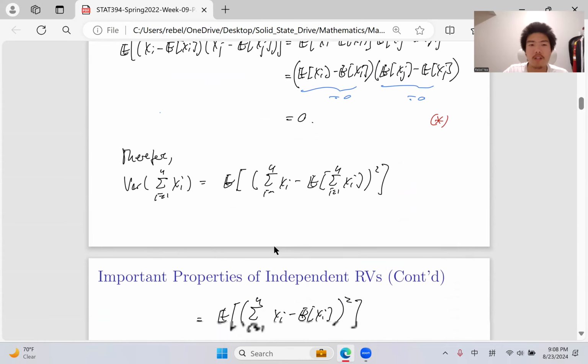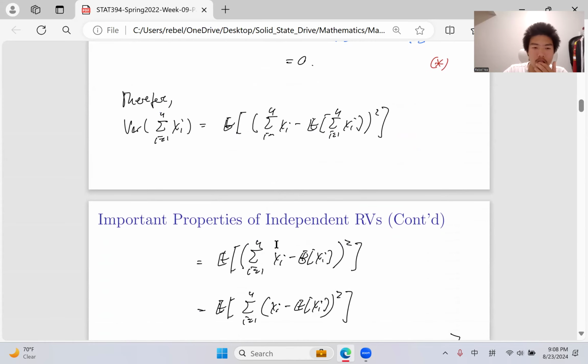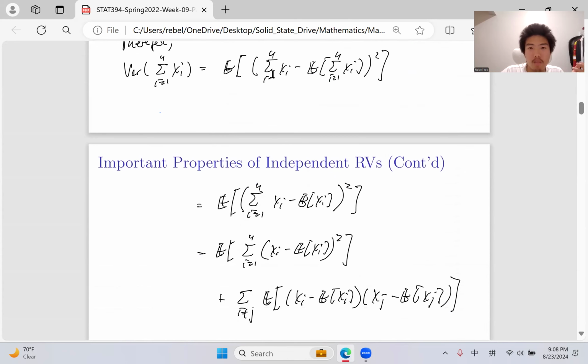This is our definition. What this will result in is, because this is the expectation of a sum of random variables, by its linearity we can separate this term out, and then it's Xi minus E[Xi], the expectation of Xi.